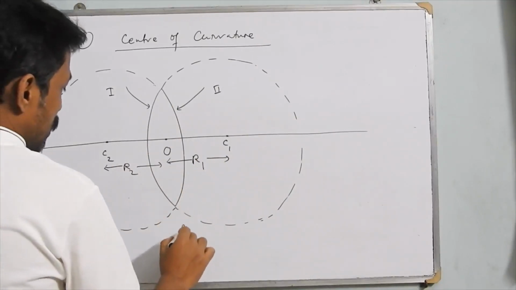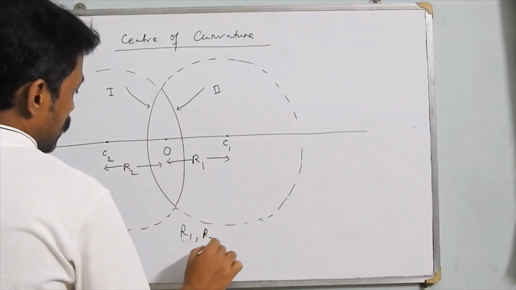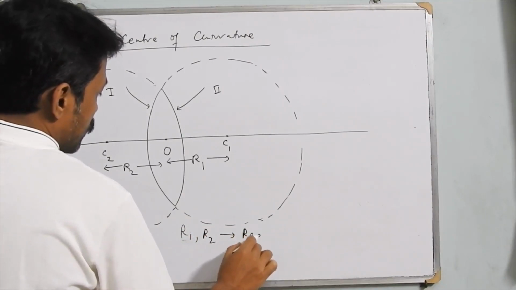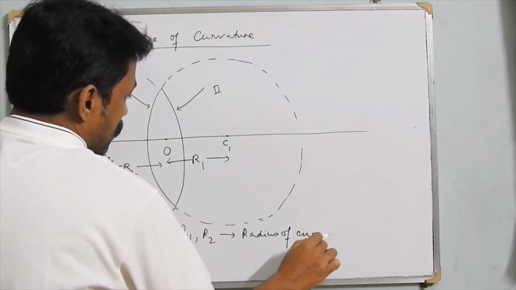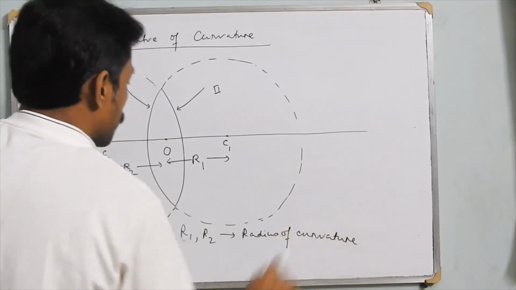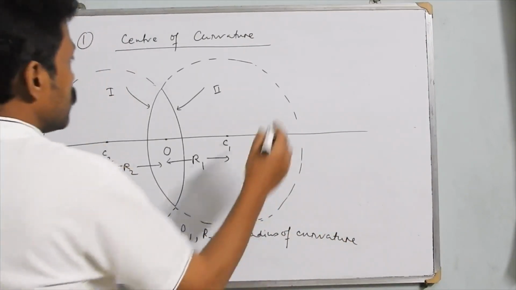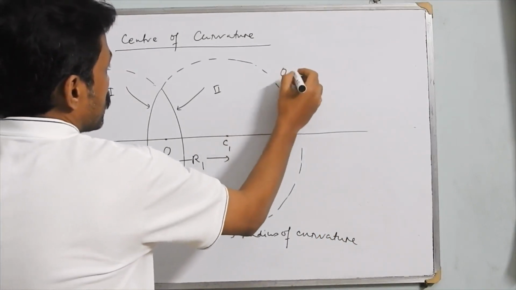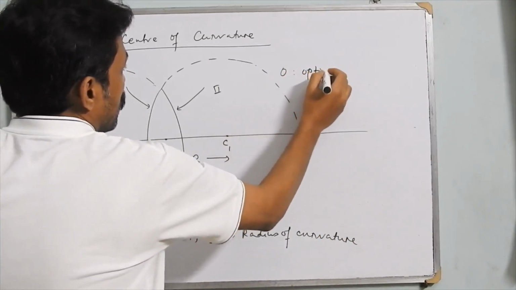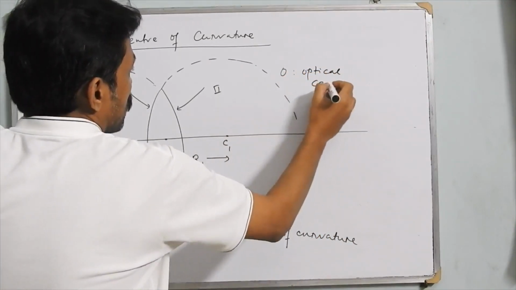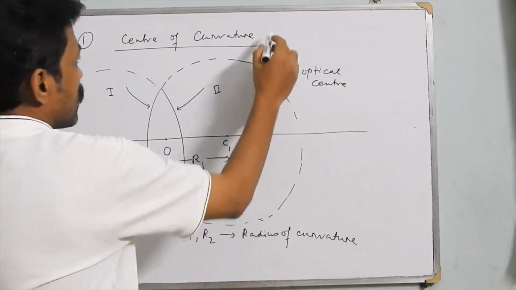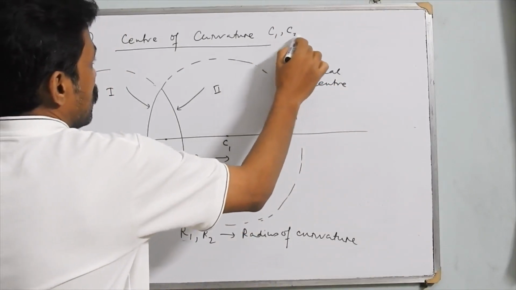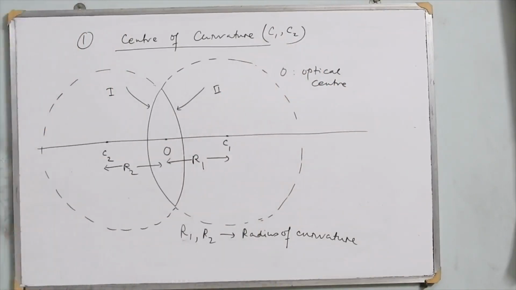So R1 and R2 are the radii of curvature of each surface, and this point O is called the optical center of the lens, and the points C1 and C2 are called the centers of curvature.